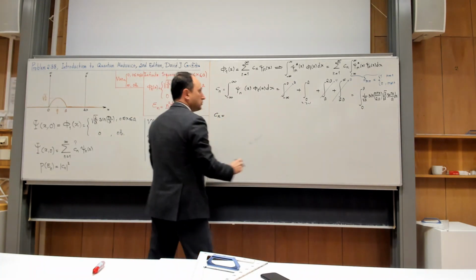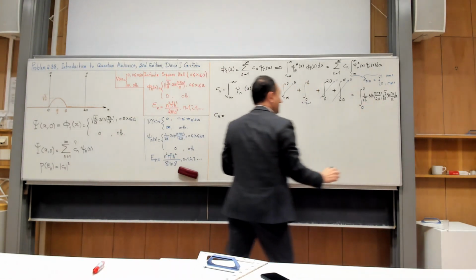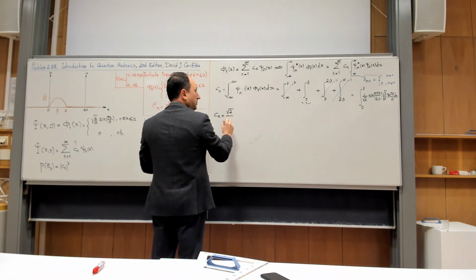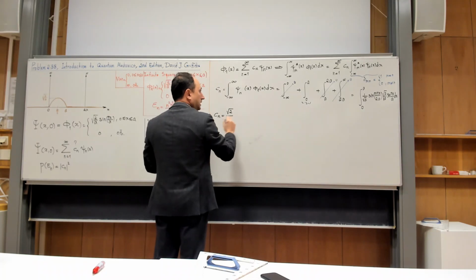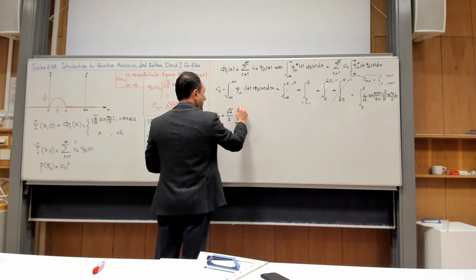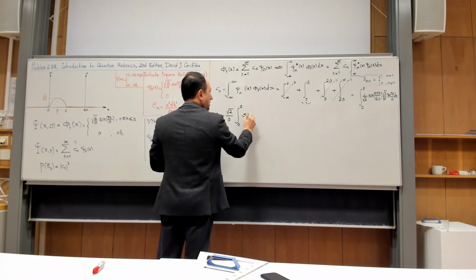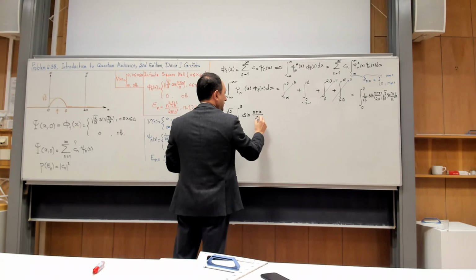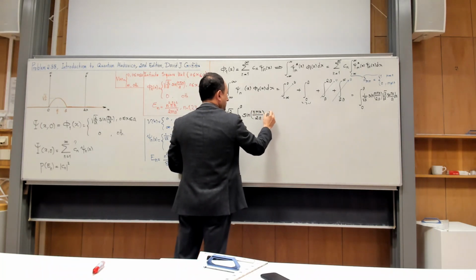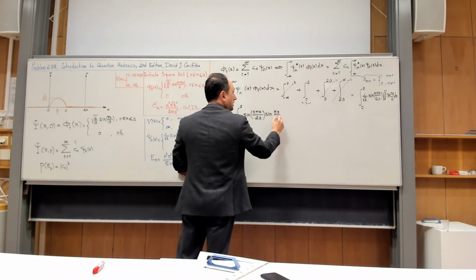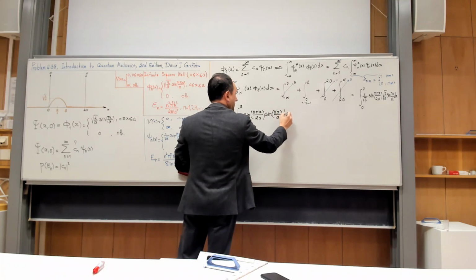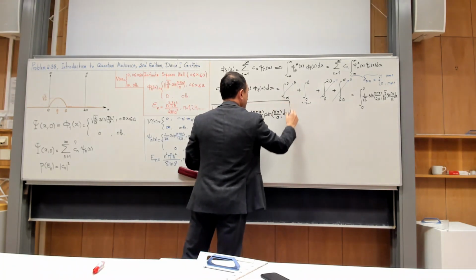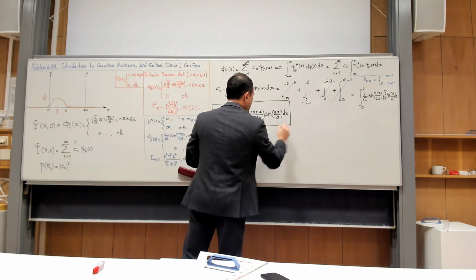So Cn is equal to square root of a, and I have a square root of 2 up there, so it becomes square root of 2 divided by a, times an integral from 0 to a, I have two sine functions multiplied. So n pi x over 2a, and then I have sine pi x over a dx. So this is the formula that I get for these coefficients.